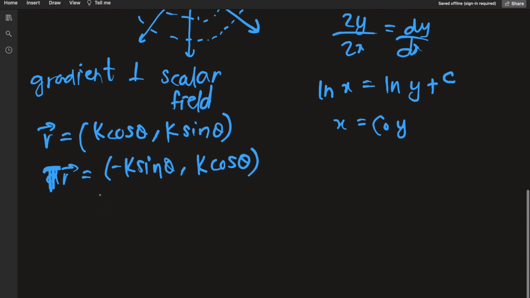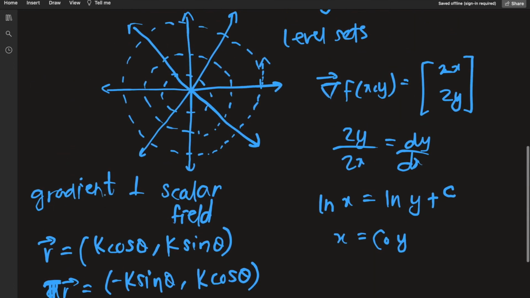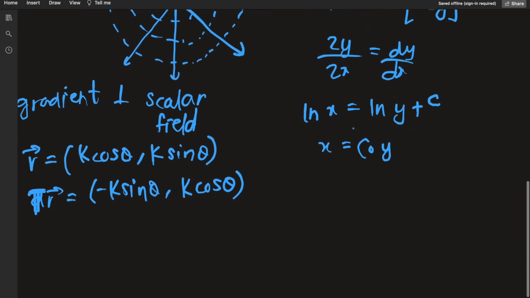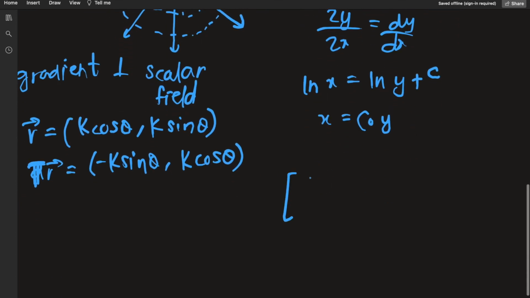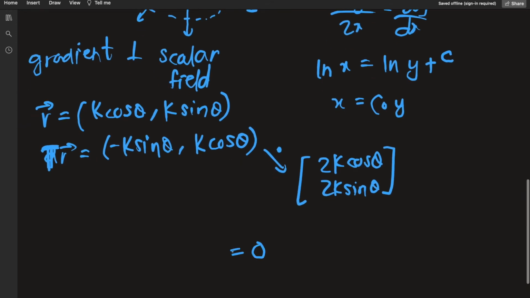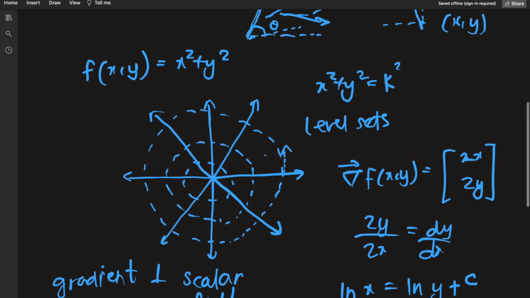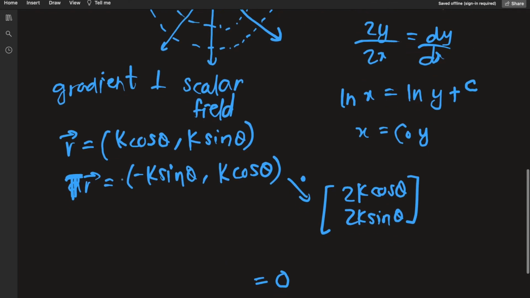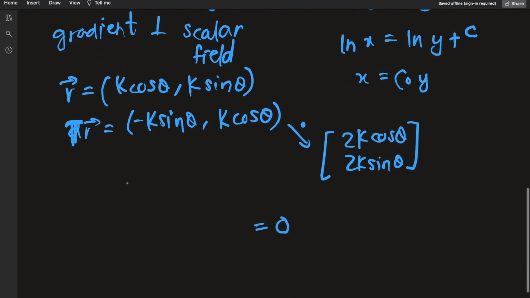And if you dot this with the gradient vector, which under this parameterization looks like 2k cosine theta, 2k sine theta, you'll get 0. So in this case, you can see that they're perpendicular. They're always going to be perpendicular to each other. This is generally a true fact.